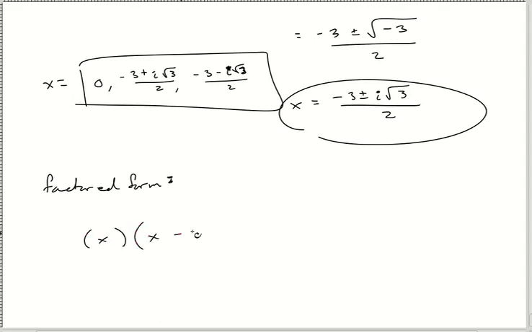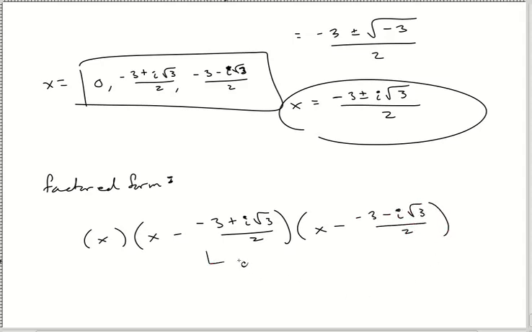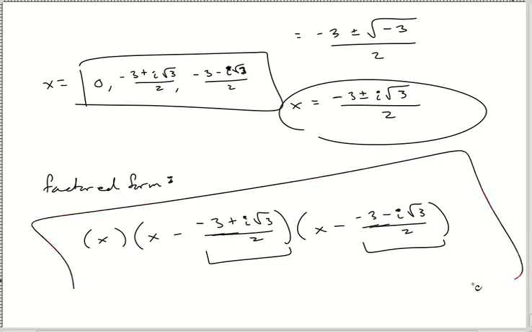And then I got x minus (-3 plus i square root of 3 all over 2), and then x minus (-3 minus i square root of 3 all over 2). This whole chunk here is one big fraction. I'm just making it look kind of silly, I guess. I'm not exactly sure if WebAssign will take something a little less intricate than that.